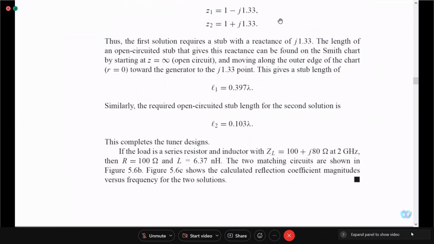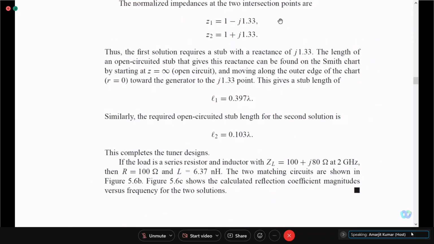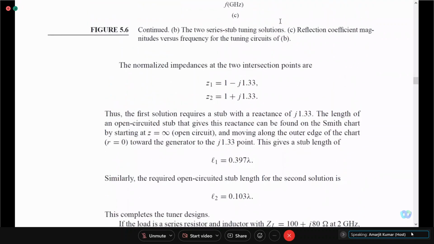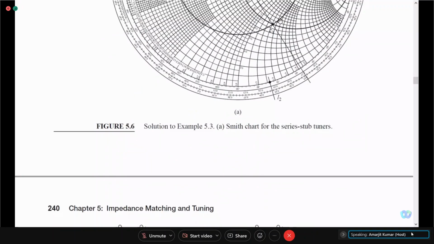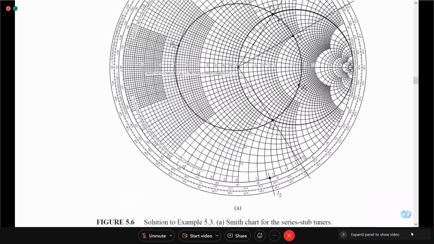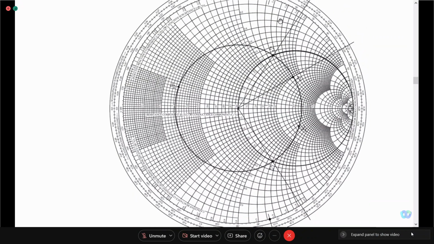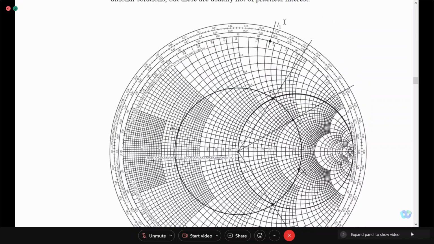We have done it or not? So 0.397. How did it come? So here is length L1. The location is 0.148.